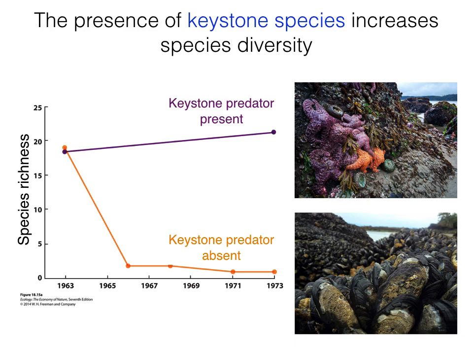What you can see is quite a dramatic shift in the number of different species that were observed in those intertidal systems where the predator was absent versus where the predator was present. And we've discussed this a little bit in terms of competition. The reason that this is happening in this system, and the reason it happens in other systems, is that keystone predators modulate the abundances of other species, and those other species have effects on other species.